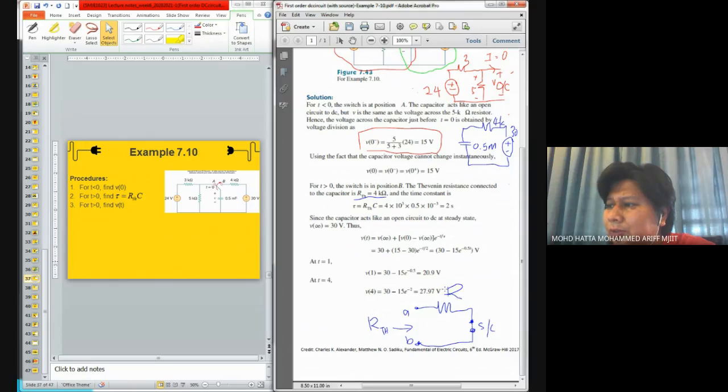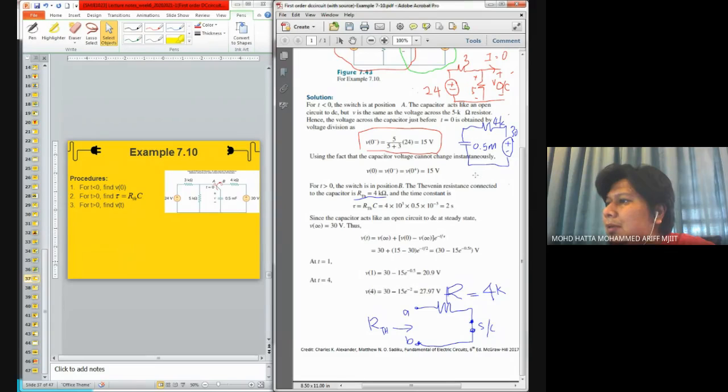So the RTH over here is given by R. Maybe we can put R equals 4 kilo ohm. That's why here it says RTH equals 4 kilo ohm, not just simply saying RTH equals 4 kilo ohm. What happens if I have another resistor over here, or a few more resistors?